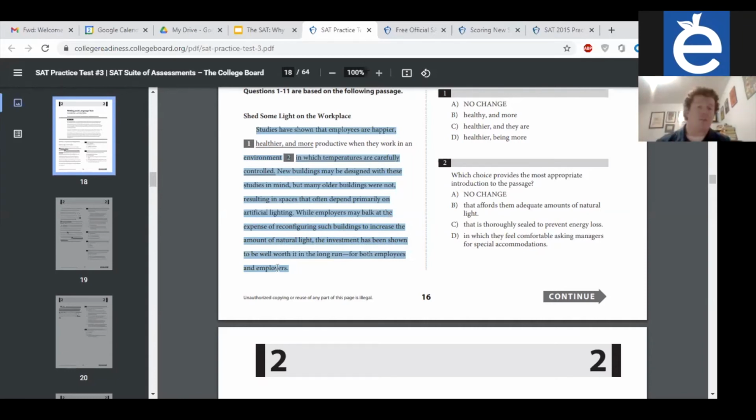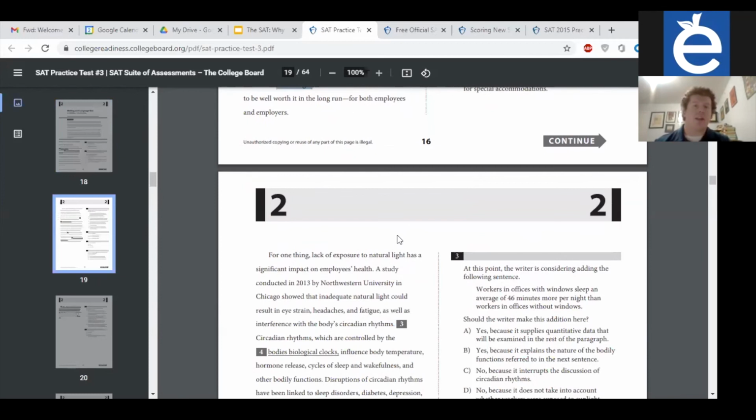Looking at the rest of that introduction, we can see that this discussion of temperature kind of fizzles out, but there is a discussion of artificial lighting, natural light, but the continuation of temperature isn't there.